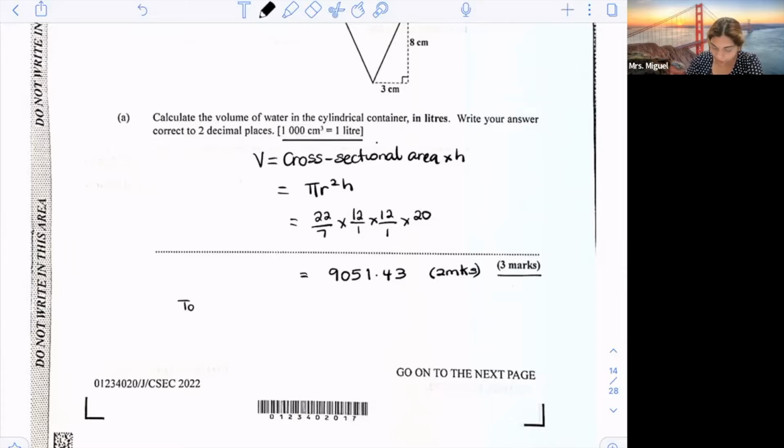So to change centimeter cube to liters, we simply divide by 1,000.